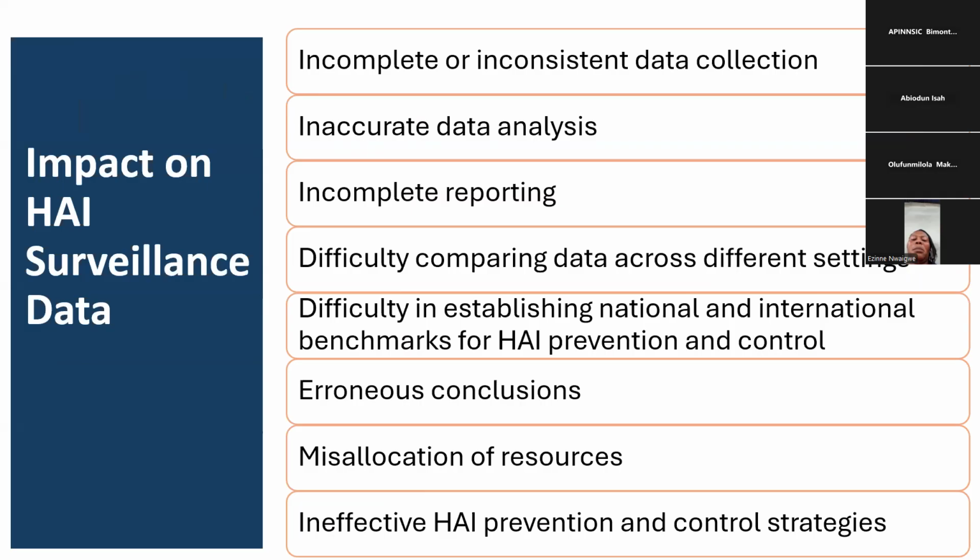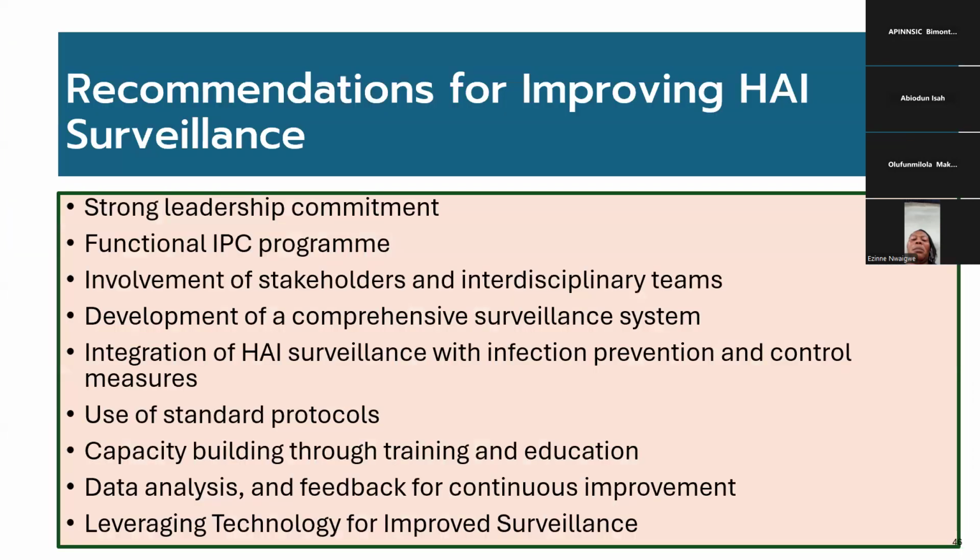Now the last set of slides goes to talking about recommendations for improving HAI surveillance, and this is a summary of what I'll be talking about. So we need a strong leadership commitment, a functional IPC program, involvement of stakeholders, a comprehensive surveillance system, integration of HAI, use of standard protocols, capacity building through training, data analysis, and leveraging technology for improved surveillance.